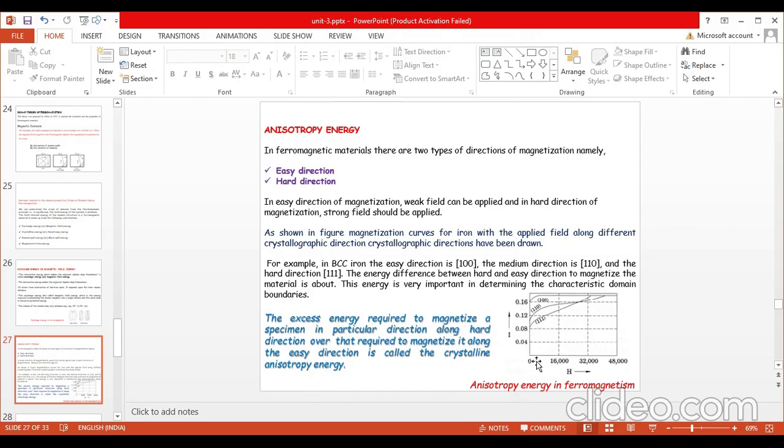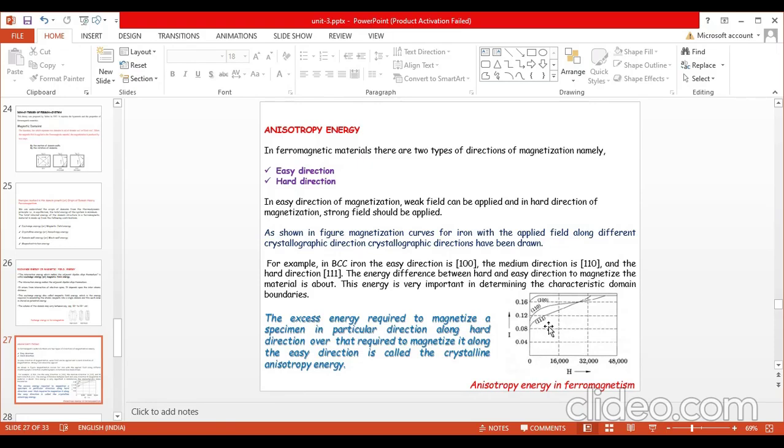See the curve along the x-axis when you are applying a small amount of magnetic field, which is less than 16K. 111 and 110 do not get magnetized easily. As compared to 100, the magnetization will be very less for the first one and the second one. When you see this 100 direction, at a lower amount of magnetic field, which is less than 16,000 Tesla, 100 gets magnetized.